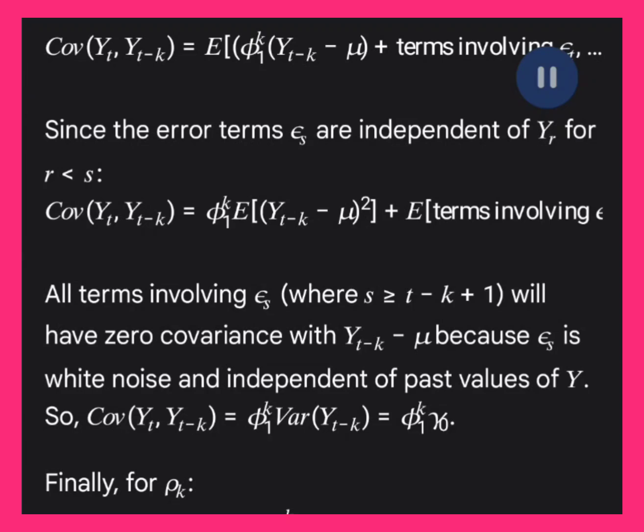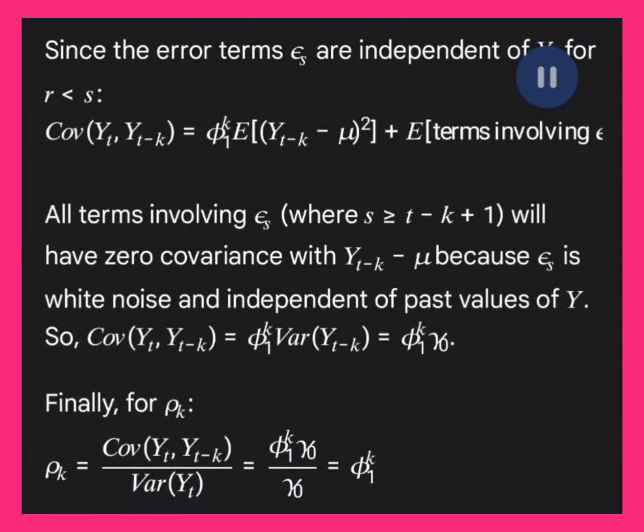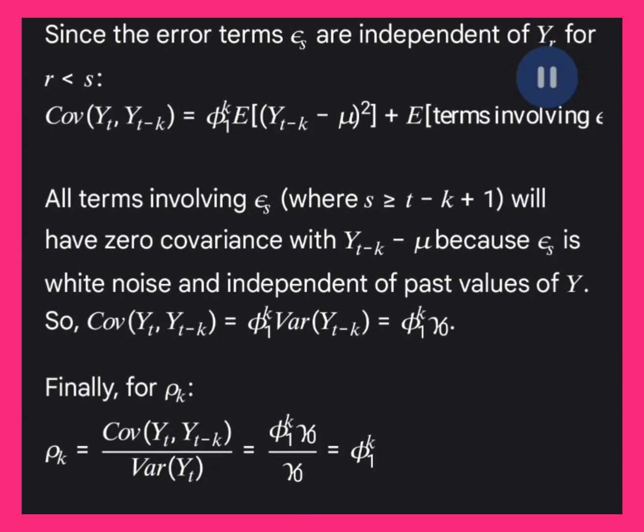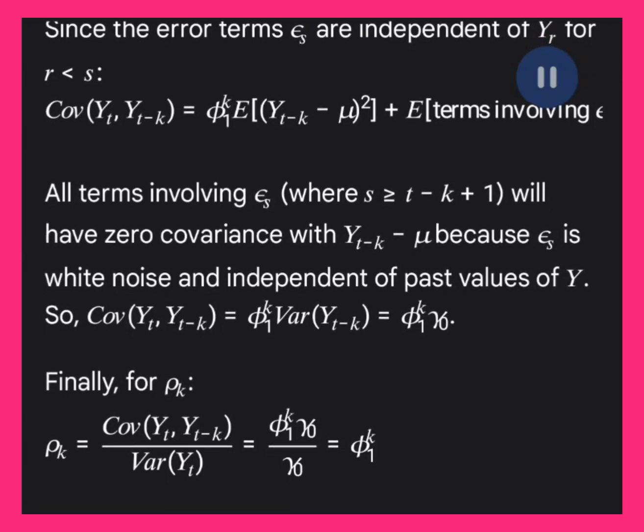Since the error terms ε_s are independent of y_r for r less than s, Cov(y_t, y_{t−k}) = φ₁^k E[(y_{t−k} − μ)²] + E[terms involving ε_s and (y_{t−k} − μ)], where s ≥ t−k+1.